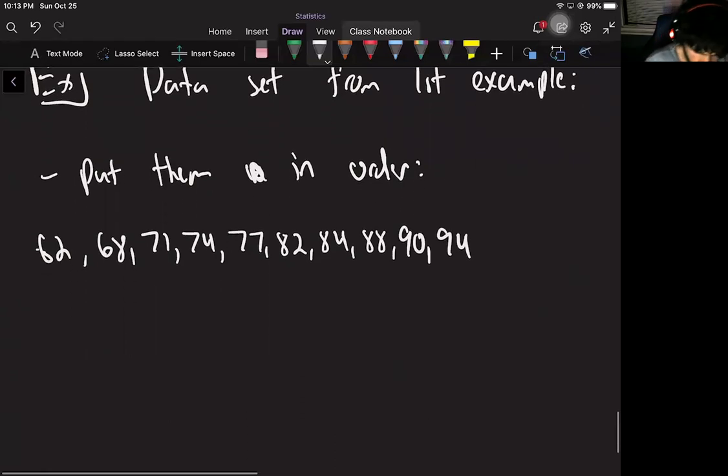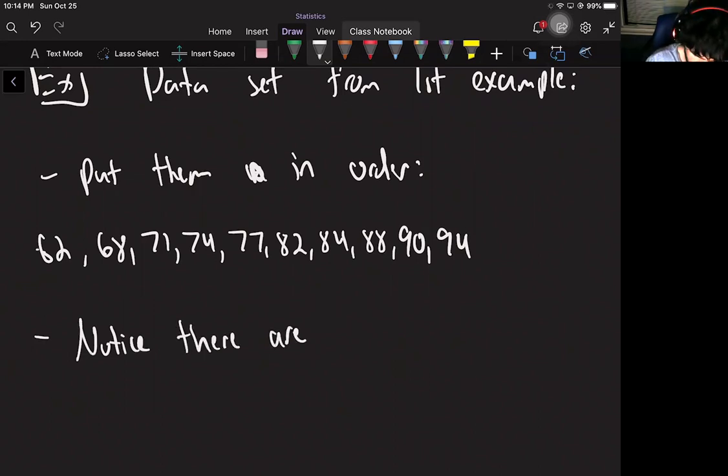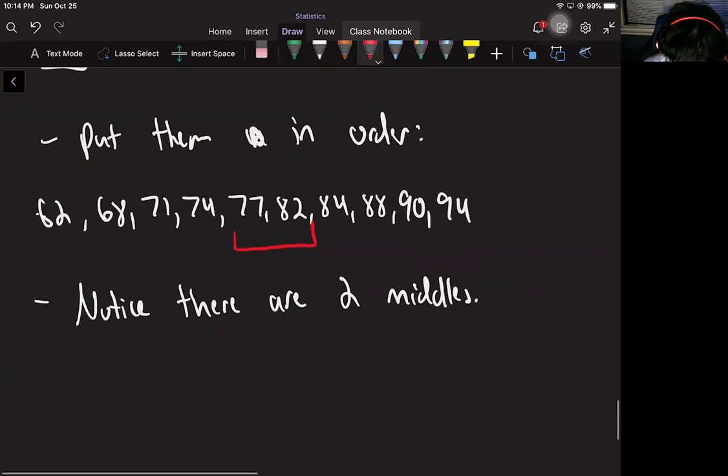And now I pick the middle, but then, whoops, there's two middles because there's an even number of numbers. So that's sort of one issue, but it's not that bad. We can figure it out. So these two numbers are both in the middle because there's 4 on each side of them. They're both the 5th from either direction.